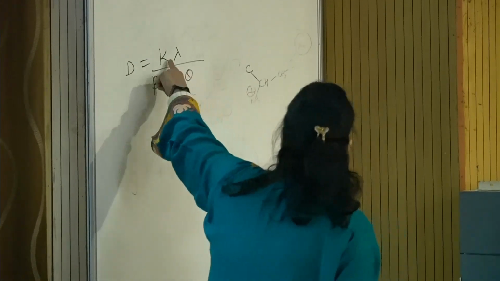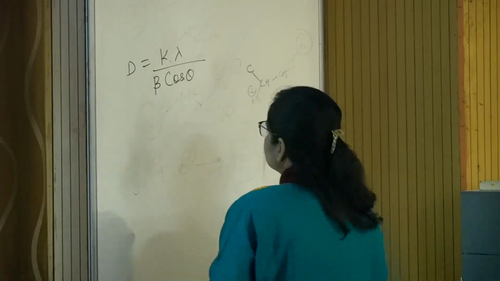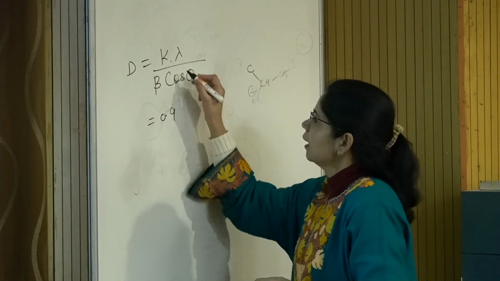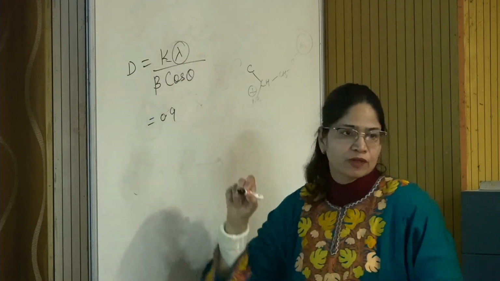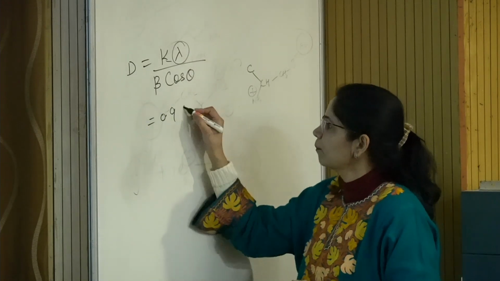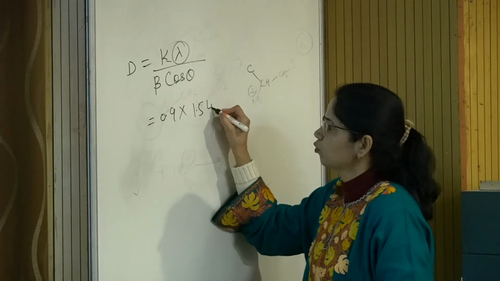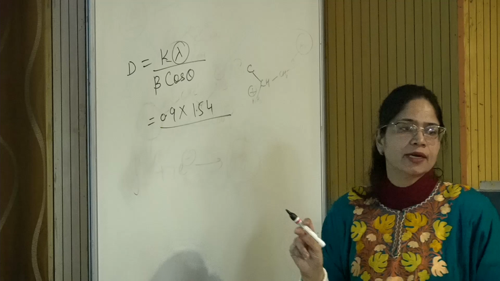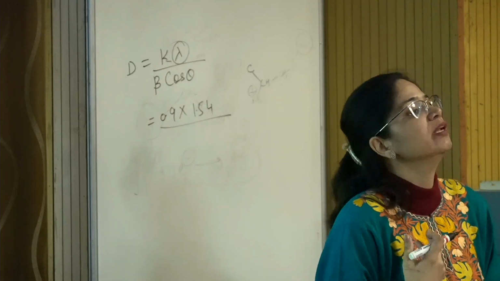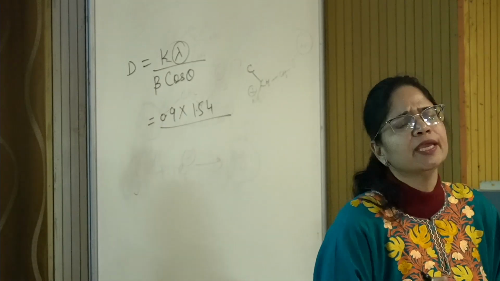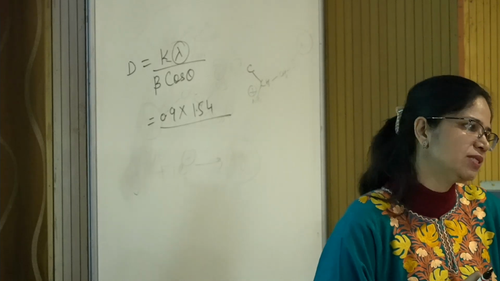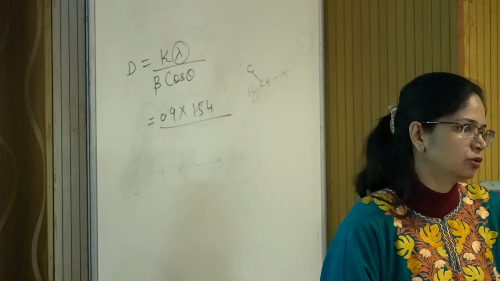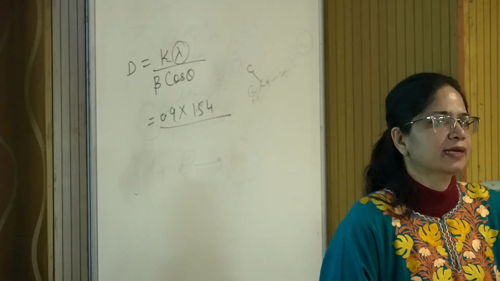K is the Scherrer constant, the value is 0.9. And lambda is the wavelength of the target. Normally we use copper in this case, 1.54 Angstrom is the value. Copper is normally used as a target, but if you change the target, the wavelength can change. But mostly when we characterize a nanomaterial, they use copper K alpha as the source or target of the X-rays.